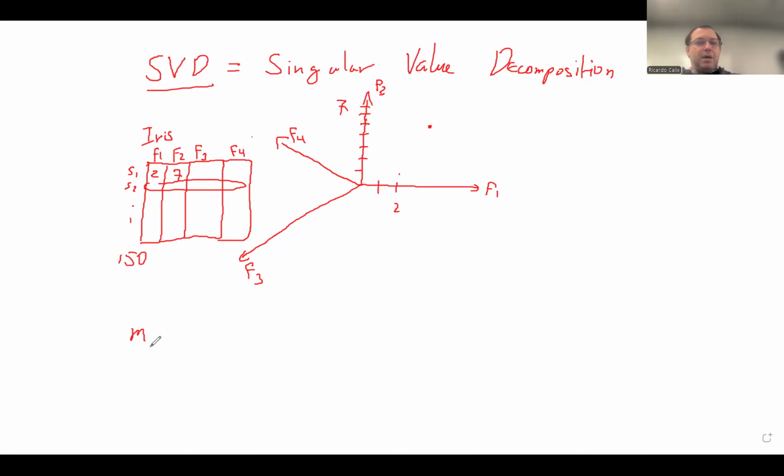So it's going to be M by N. What is M? 150. What is N? 4. It is M by N. That's our data. Okay? So we have this shape. And so it becomes a matrix. This is a matrix.